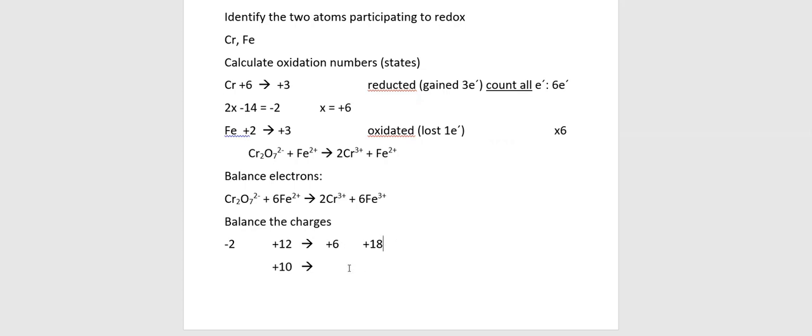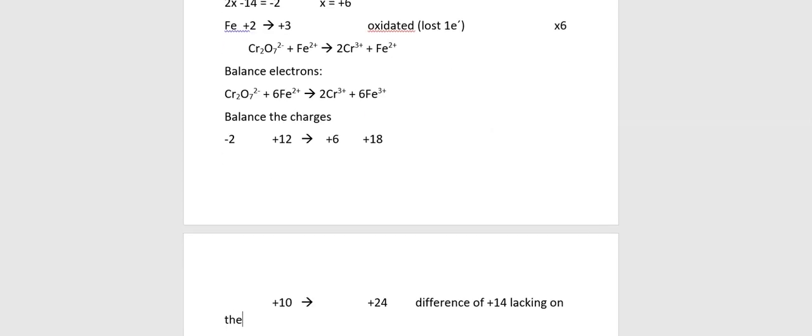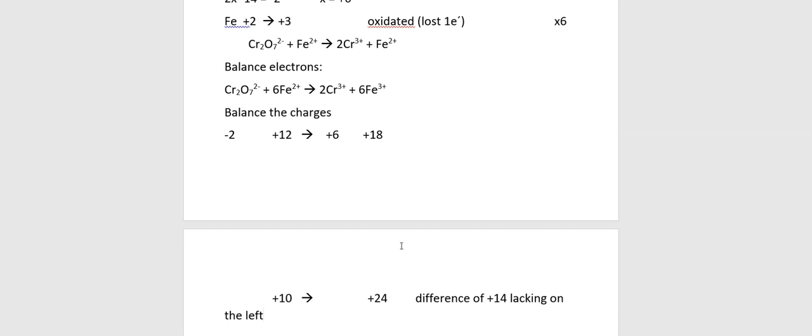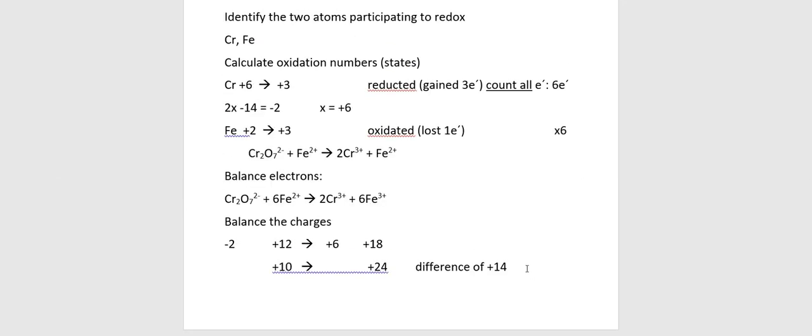So plus 6 plus 18 will give me plus 24. So I have a difference of 14 positive charges lacking on the left side.